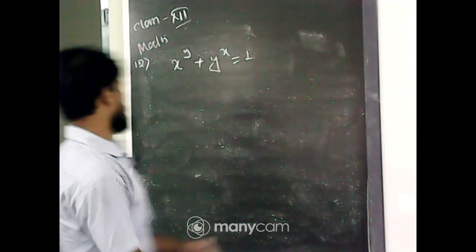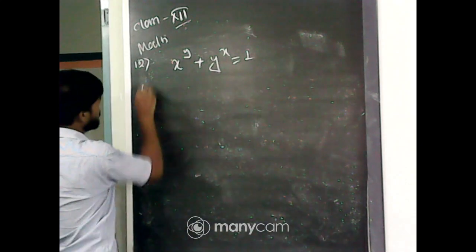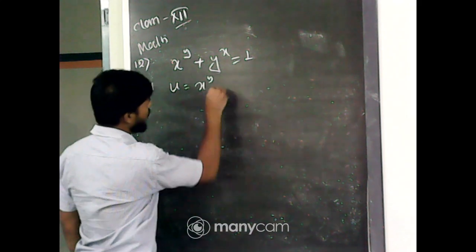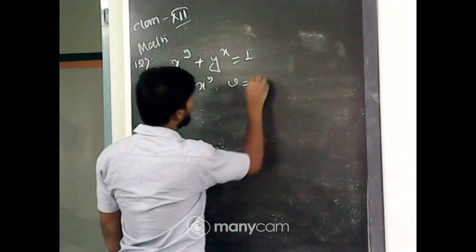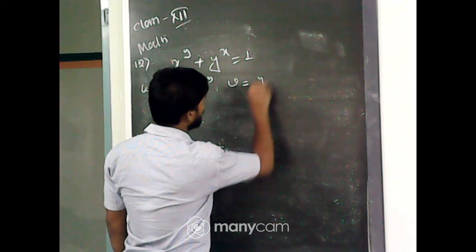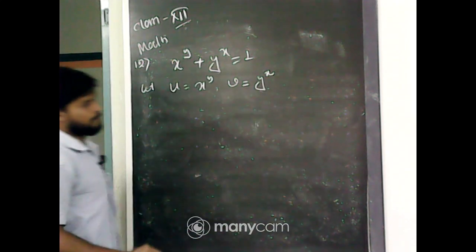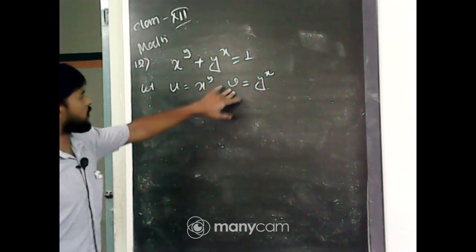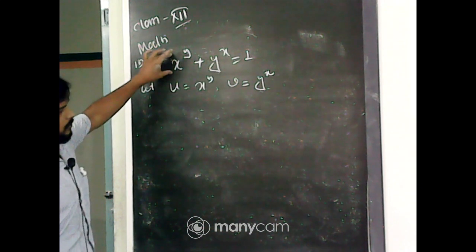Clear? Okay. So let us consider u is equal to x to the power y and v is equal to y to the power x, and substitute these values of u and v in the main equation.